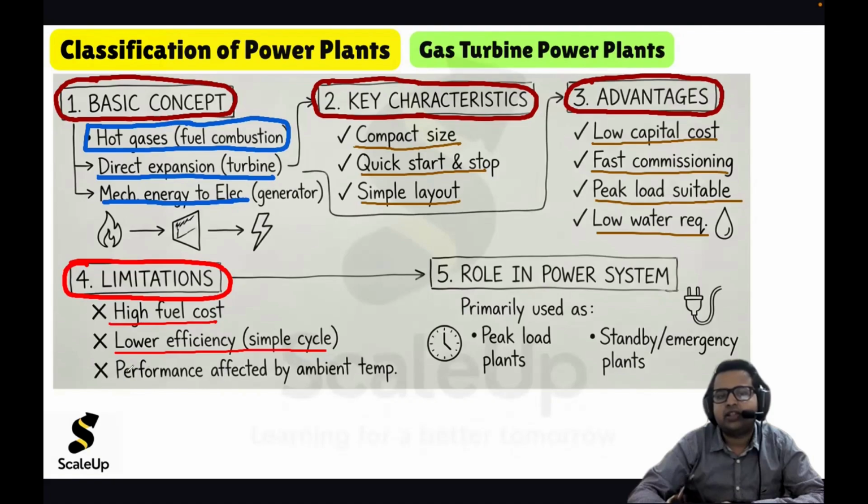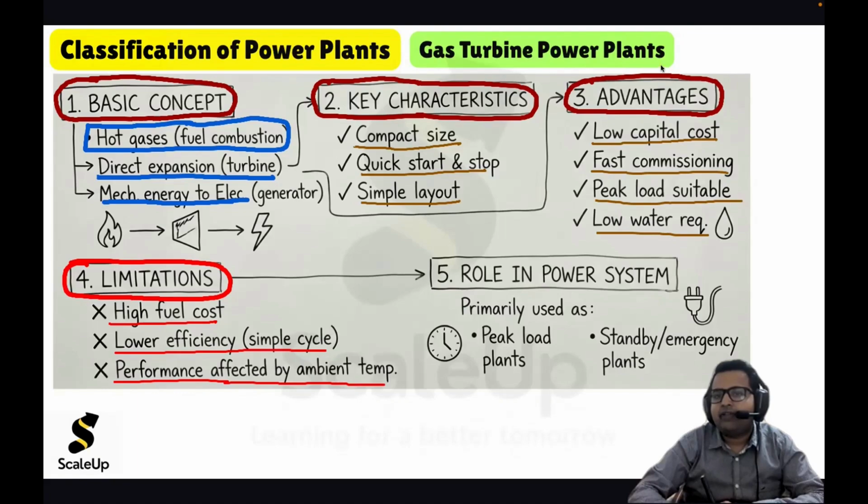So low efficiency, and performance is affected by ambient temperature, like the outside temperature, because it is based on the concept of expansion of gas, and expansion of gas not only depends on the temperature of the gas but also the surrounding. If the surrounding temperature is high, the ambient temperature affects the performance of gas turbine power plants.